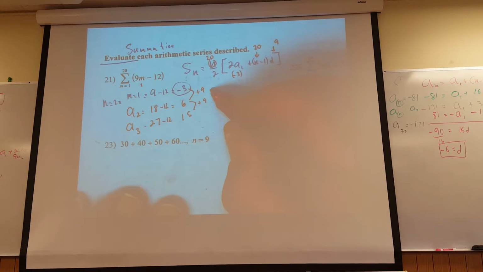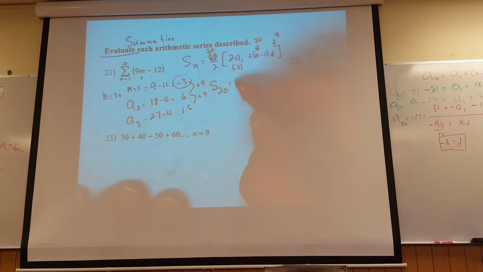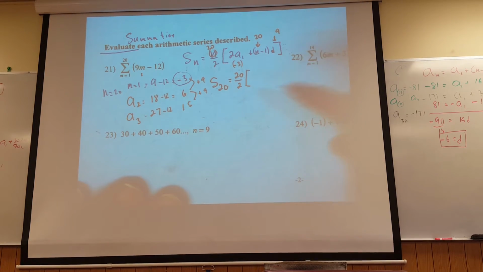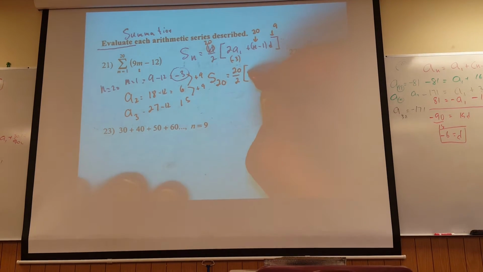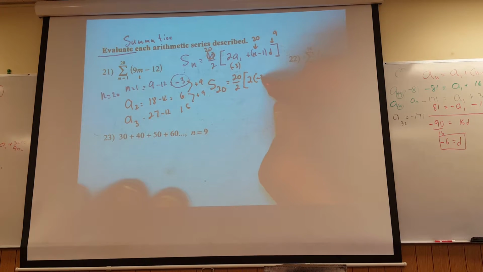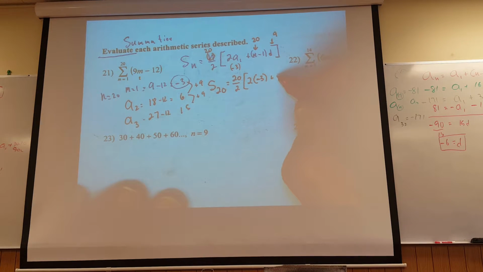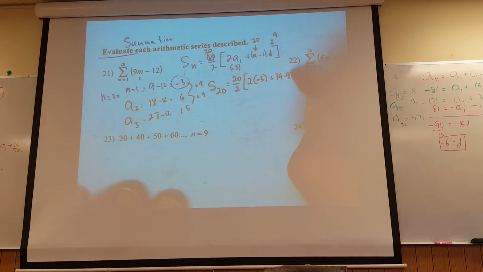So my sum of 20 terms is going to be 20 over 2. 2 times, now a1 is negative 3, plus, now that's 20 minus 1, or 19 times 9.